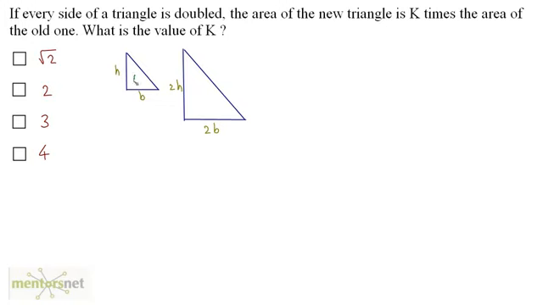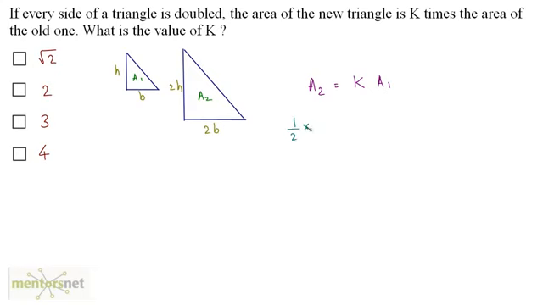Let us also say that this has area A1 and this has area A2. Now the question says that if every side of the triangle is doubled, the area of the new triangle is k times the area of the old one. So area of the new triangle, that's A2, is equal to k times the area of the old one. Now what is A2? A2 is half into base into height.